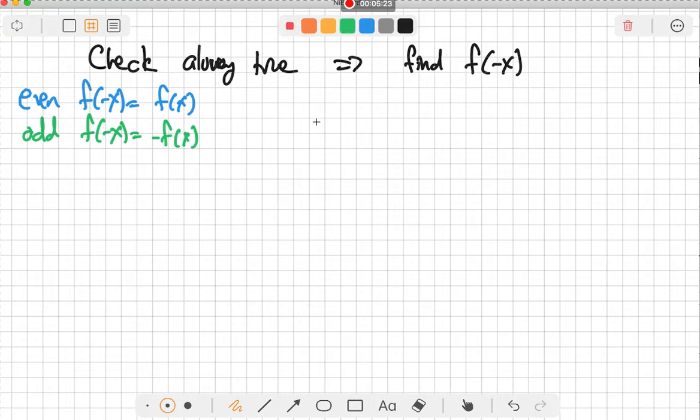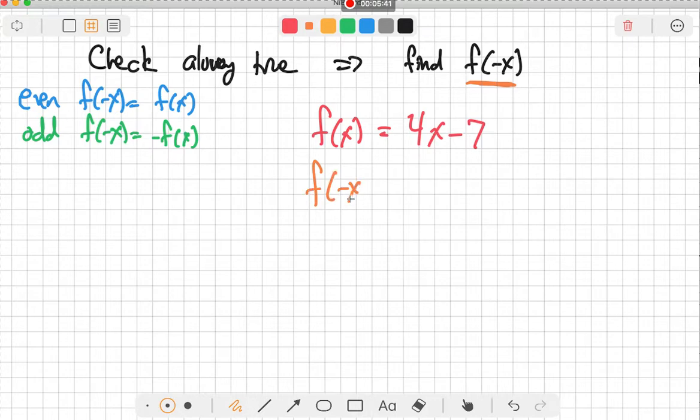So let's check, and say my function is going to be 4x minus 7. I'm going to check it by finding f of negative x. So what's f of negative x?